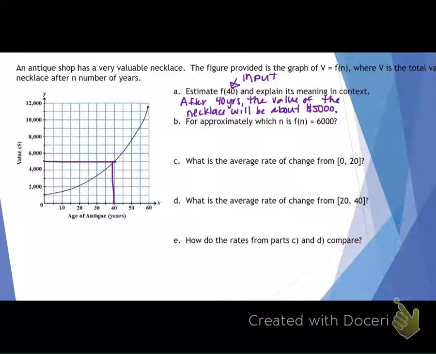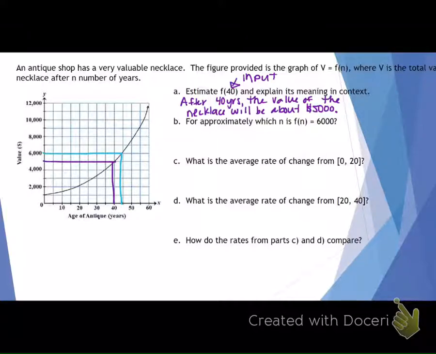All right. Alyssa, for approximately which n value, which year is it $6,000? About 40. Well, I asked Alyssa. Okay, well, so you did say about what? 45. That's fine. It's an estimate, right? About 45, about 44. Both of you are estimating. You don't know exactly, do you? No. Okay.